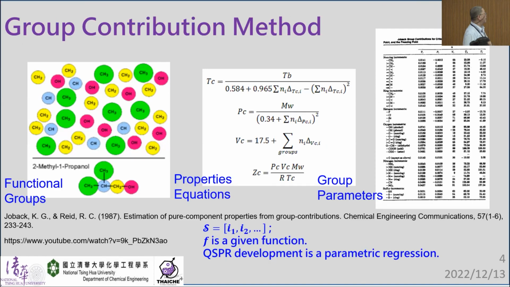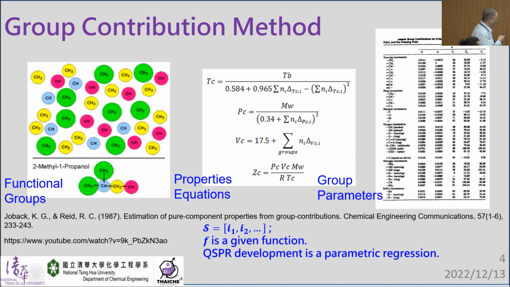As many of us know, a very common method for predicting properties of pure materials and also of mixtures is the group contribution method. For pure materials, we have the Joback correlations, where you break the molecules into different groups, count the number of groups, and use predetermined functions to predict properties as a function of the additions of different groups, accounting for the group effect.